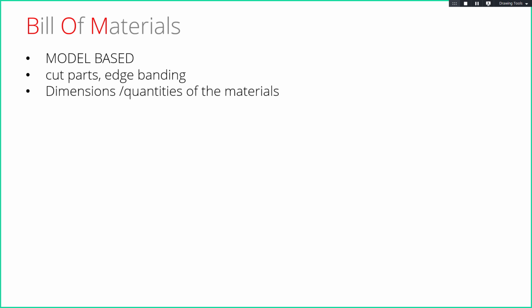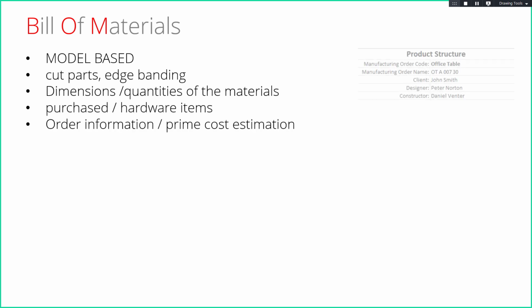In the bill of materials, first of all, we have a model-based bill of materials, which makes it highly efficient. What you have in the model will be converted into the BOM. You can see cut panels, edge bandings, and all the materials you set. As well, we can have dimension quantities of the materials, purchase units, order information, and other stuff.